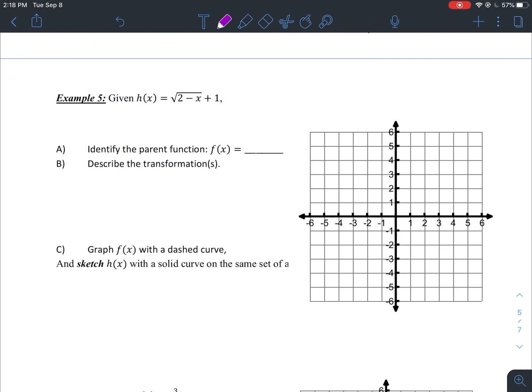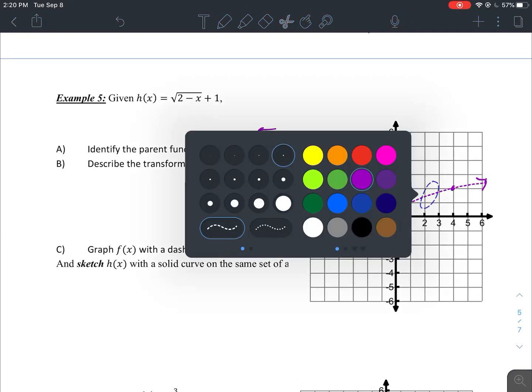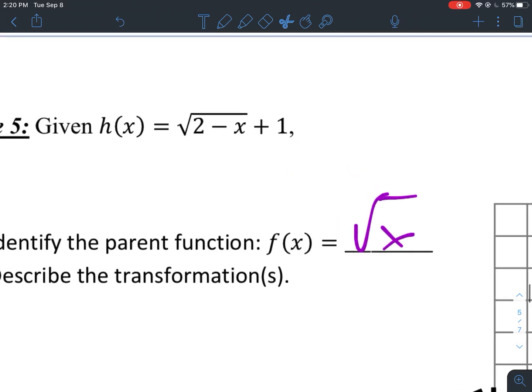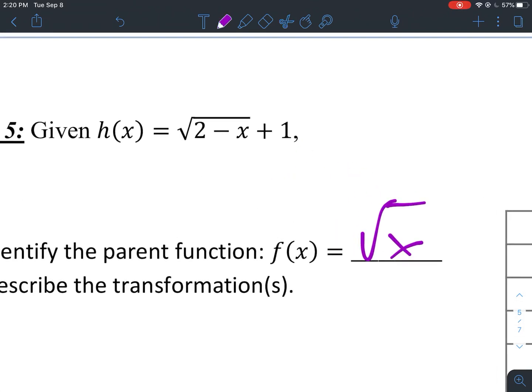The parent function here is root x. So if we graph that, I know 0, 0, 1, 1, and 4, 2 are my key points here. Okay. And for this one, this is a tough one, because what you want to do is switch what's underneath there.